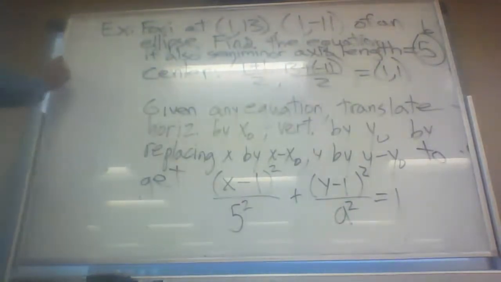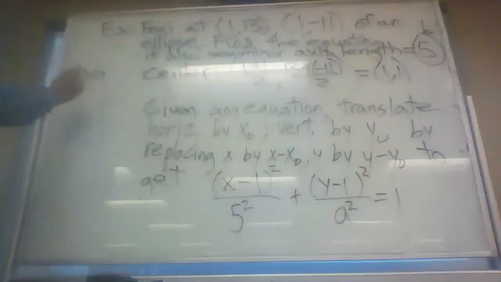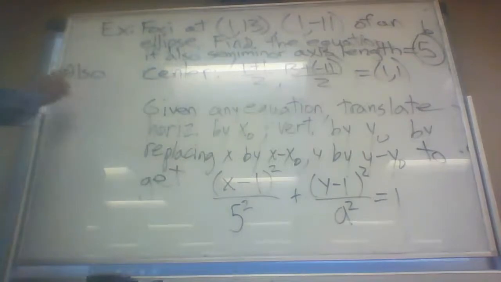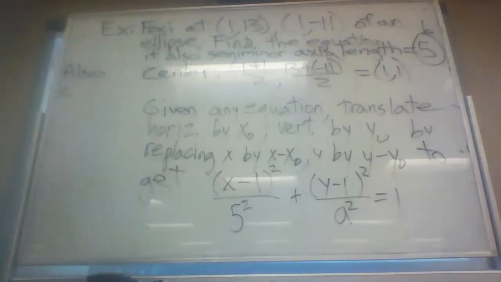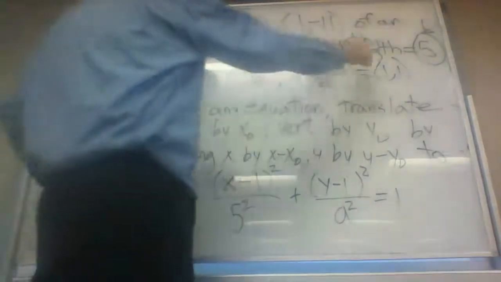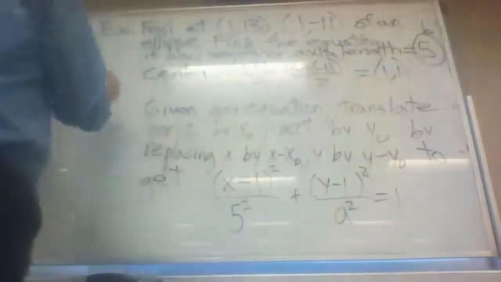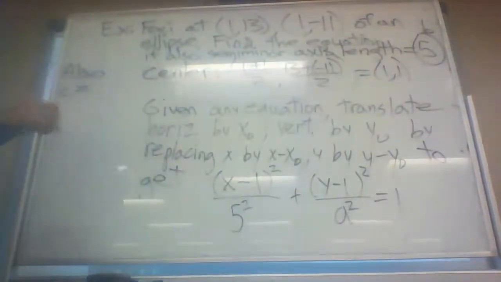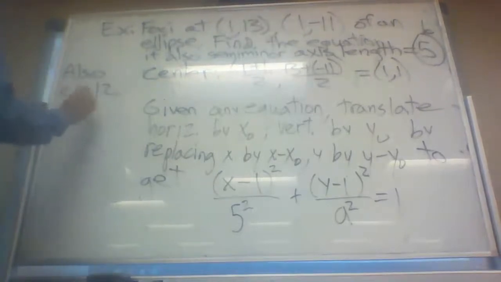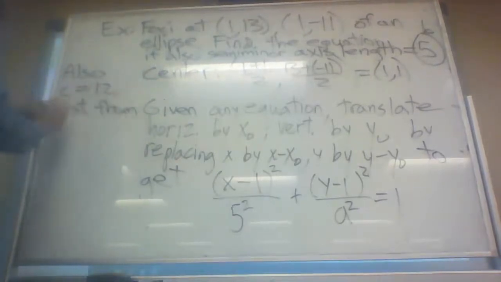What else do I know? I know C, actually. C is half the distance between the foci, right? Now, if the focus is at 1, 13 and the center is at 1, 1, C must be 12, right?